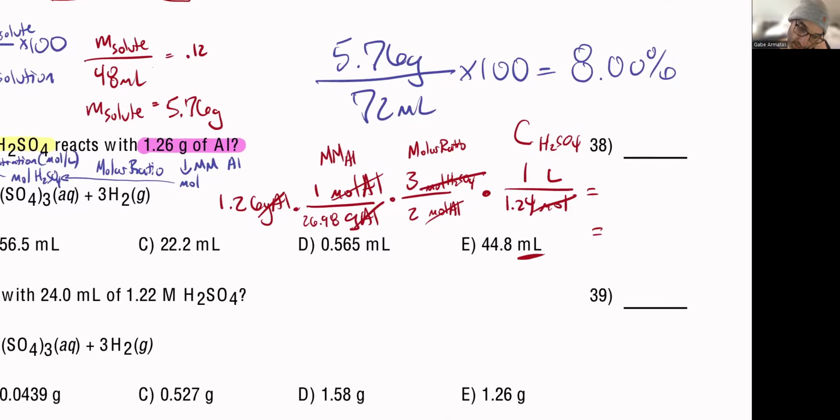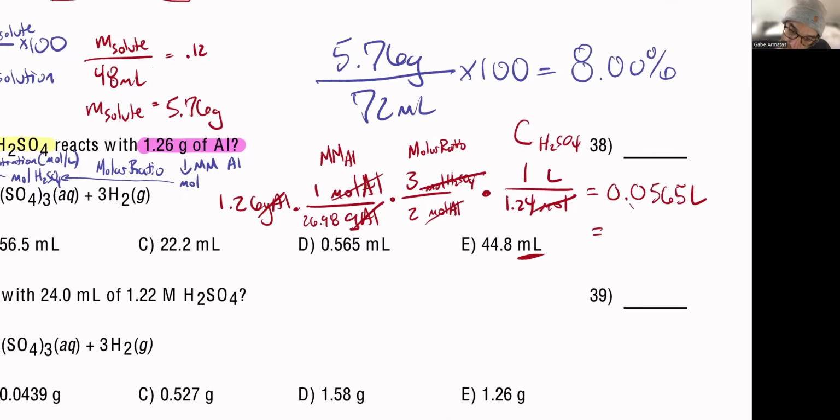So 1.26 grams of aluminum divided by 26.98, enter. All right, let's try this one more time using my calculator. 1.26 divided by 26.98, enter, times 3, because I'm multiplying the top, divided by 2, dividing the bottom, divided by 1.24 moles per 1 liter, and you end up with 0.0565 liters.